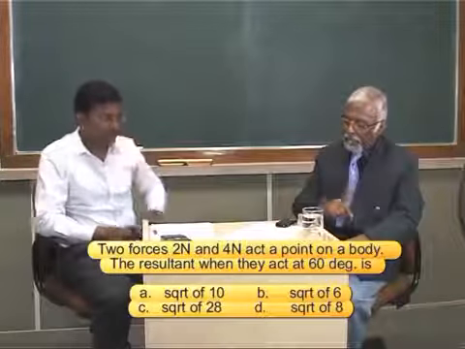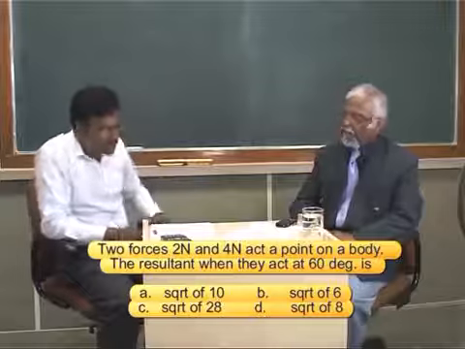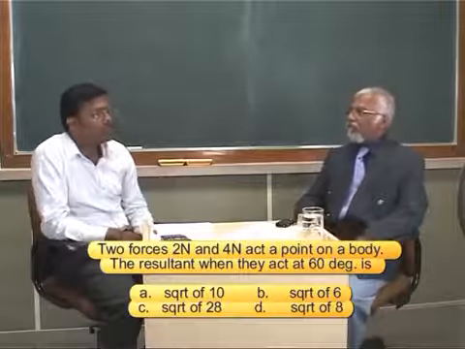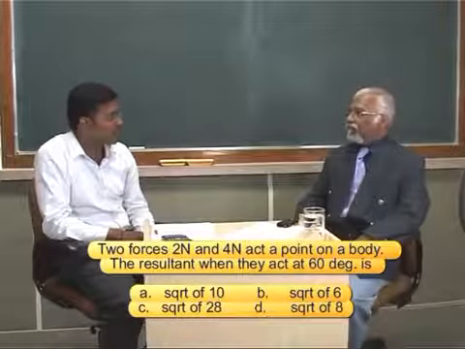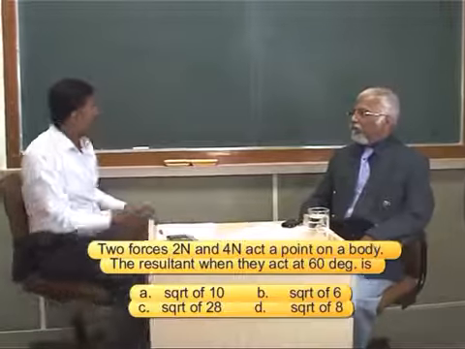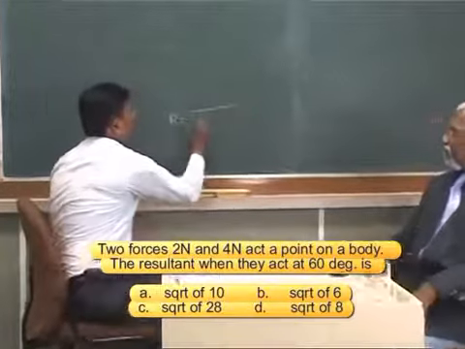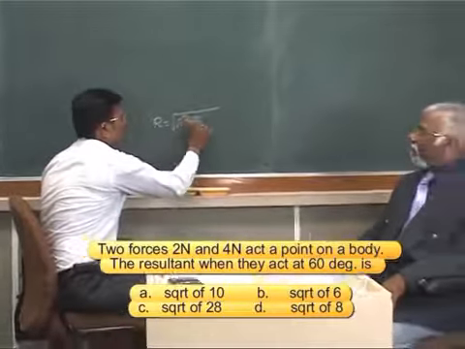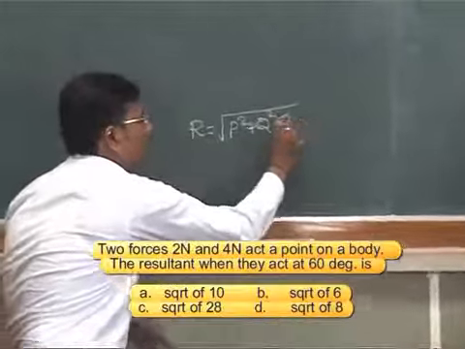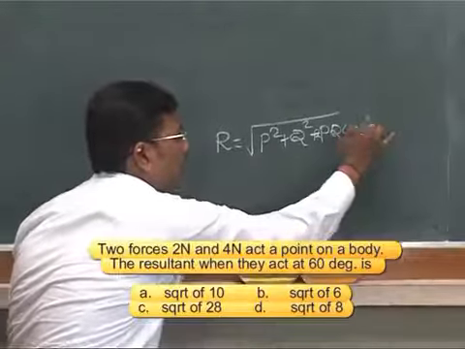To solve this problem, we have to use the law of parallelogram theorem, which says the resultant of any two forces is given by the formula root of P square plus Q square plus 2PQ cos theta.